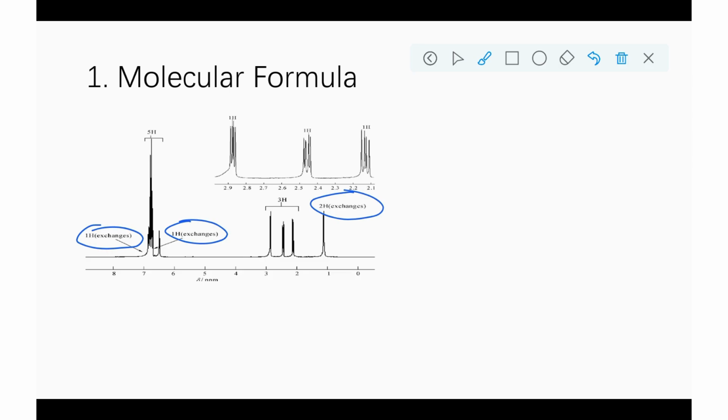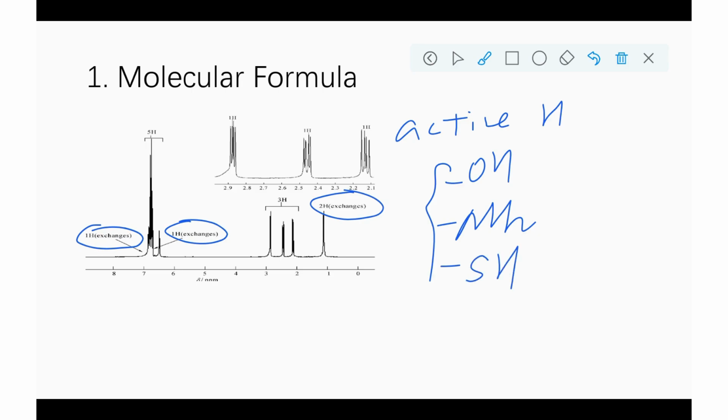It means that these hydrogens are active hydrogen. Active hydrogen are usually from a hydroxyl group or amine group, or hydrogen that is attached to a sulfur atom. So if we don't have any nitrogen in our formula, we're going to cancel this possibility, and we're going to cancel this one too because we don't have a sulfur atom.